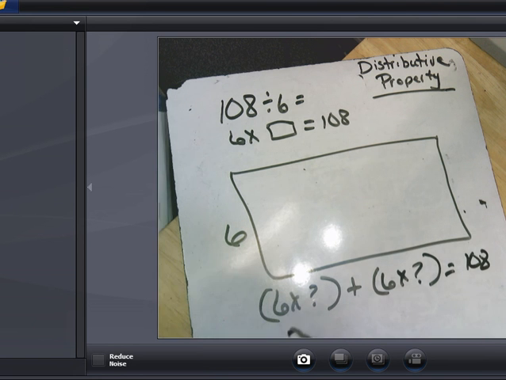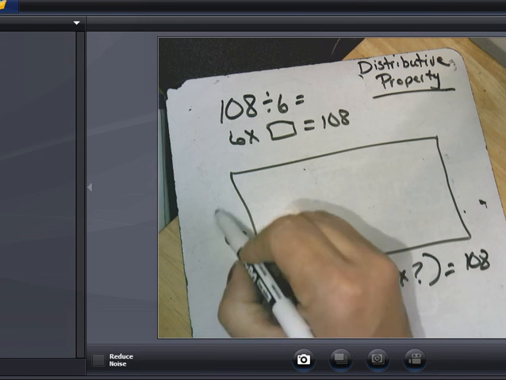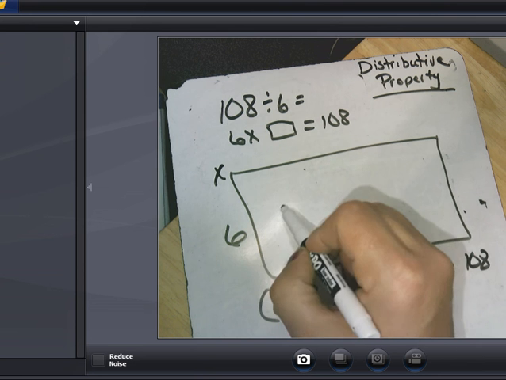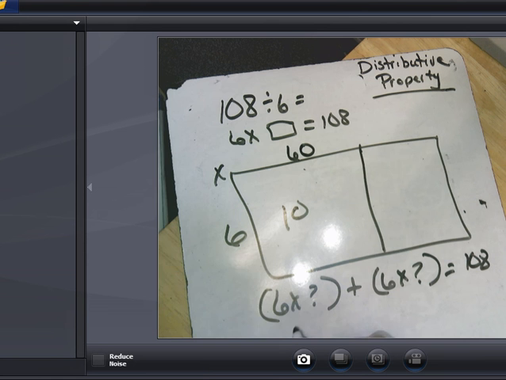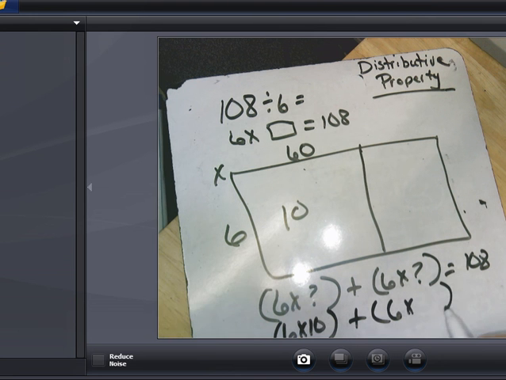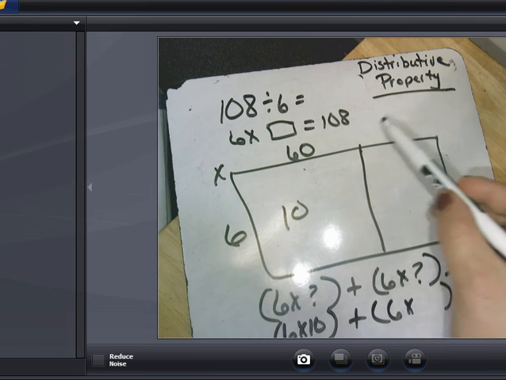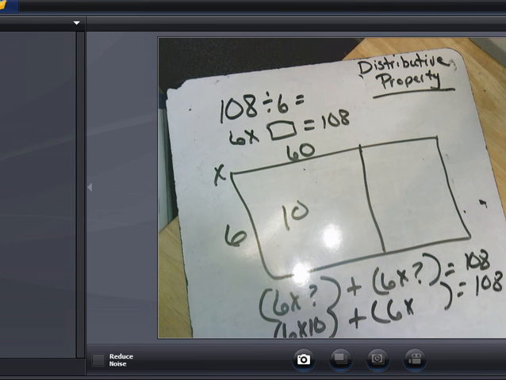The first thing I know, and I always take something that I know and it's simple, I can do 6 times 10 will get me to 60. So if I do 6 times 10 plus 6 times I don't know yet equals 108. If I have 108 and I've used 60 of it, I have 48 left.